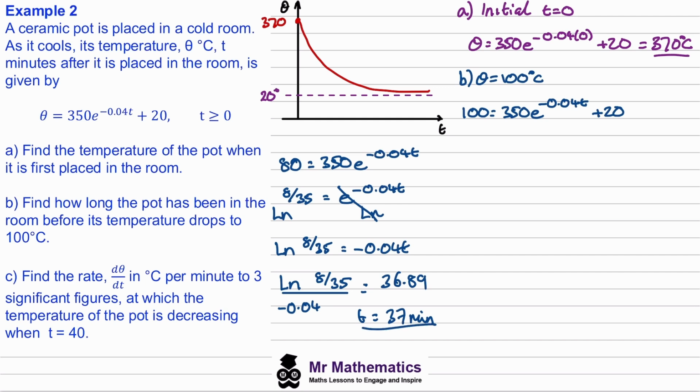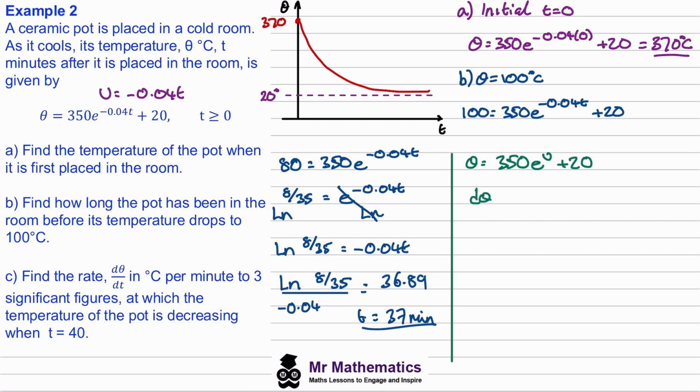Okay? And then for part C, find the rate at which the temperature of the pot is decreasing when t equals 40. So we need to differentiate theta with respect to t. But again, we need to use the chain rule because of this power. So if we let u equal negative 0.04t, then we can write theta as 350 e to the u plus 20.